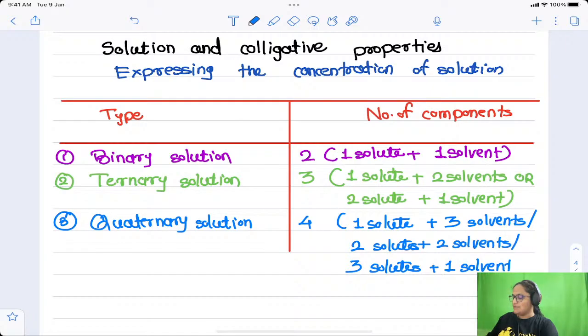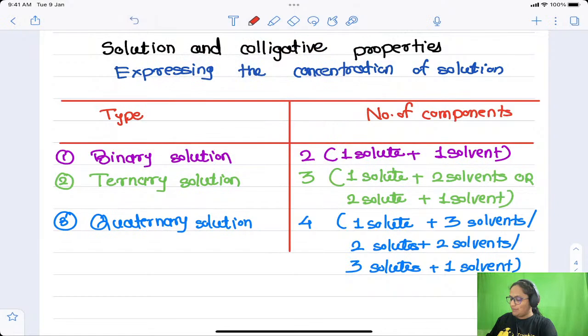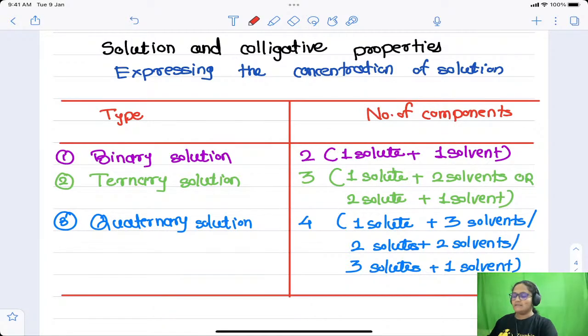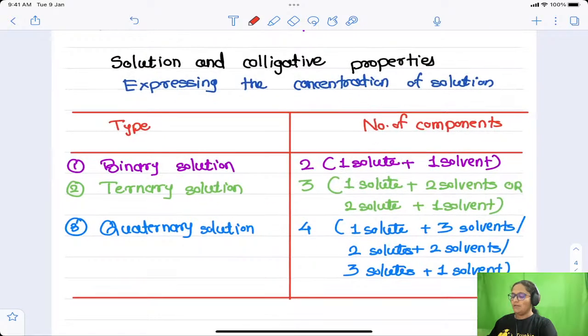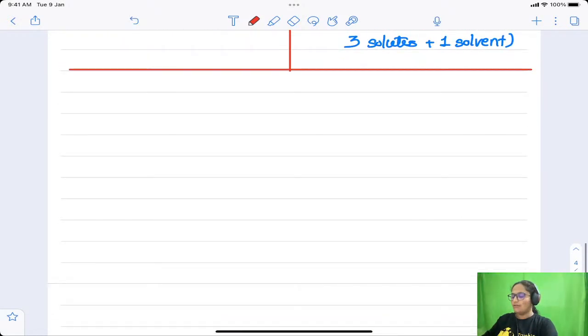Okay, so these are the different types of solutions on the basis of the number of particles present in them. Now here we are going to discuss only one type, the binary solution. In a binary solution there are two components, one is the solute, another is the solvent, right? We are going to talk about binary solutions.